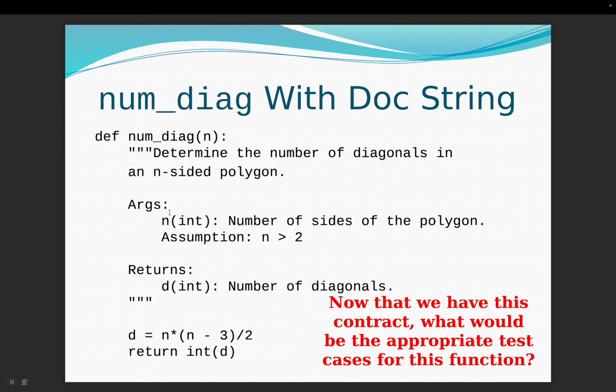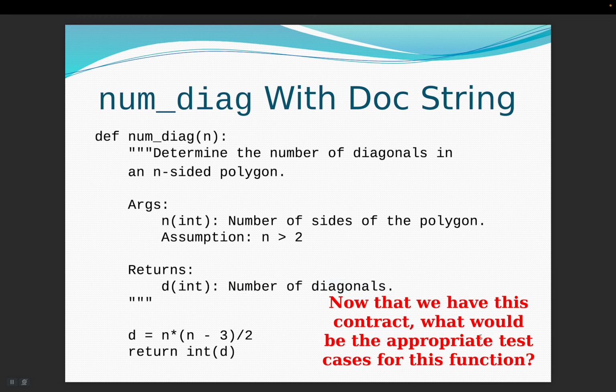So n is an int that represents the number of sides of the polygon, and the assumption is n greater than 2. So that's the precondition. And the postcondition is that we will return the number of diagonals associated with that polygon, and that number will be an int.